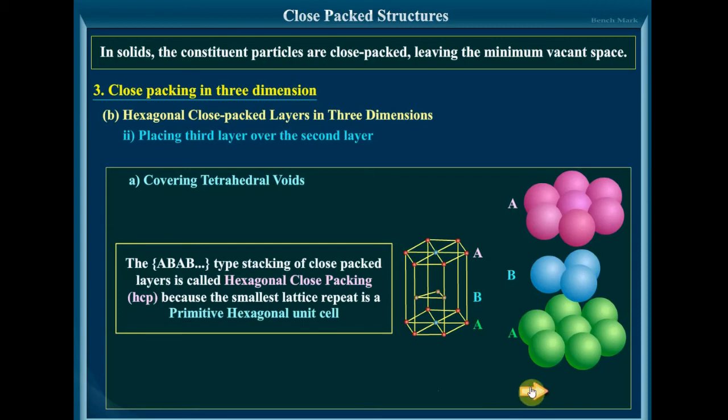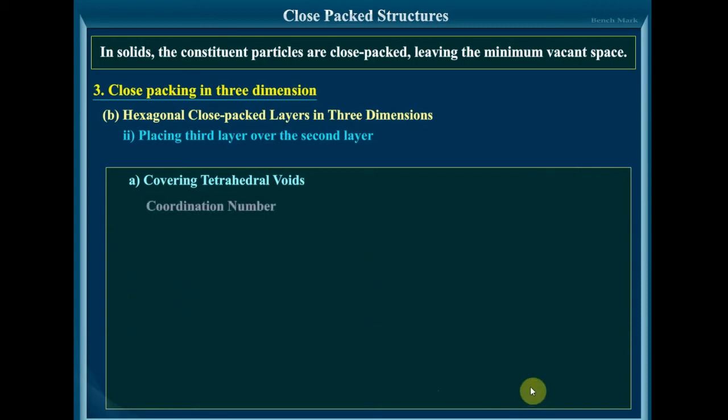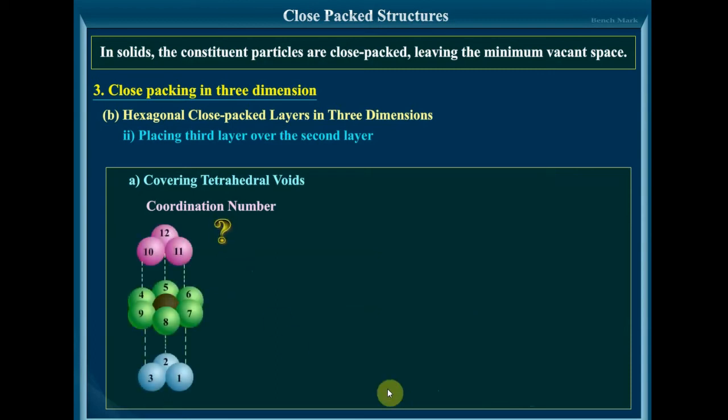covering tetrahedral voids. So here the coordination number of the atoms in this structure is 12.